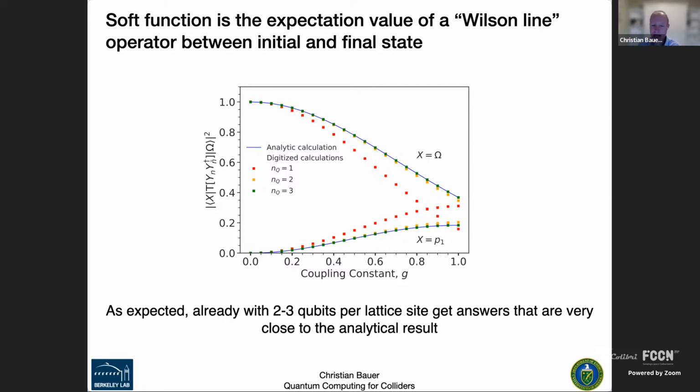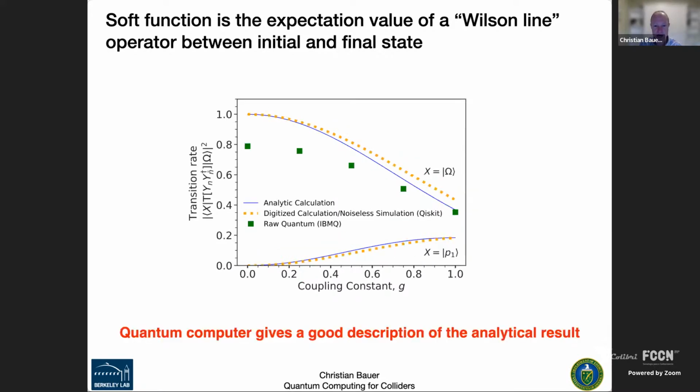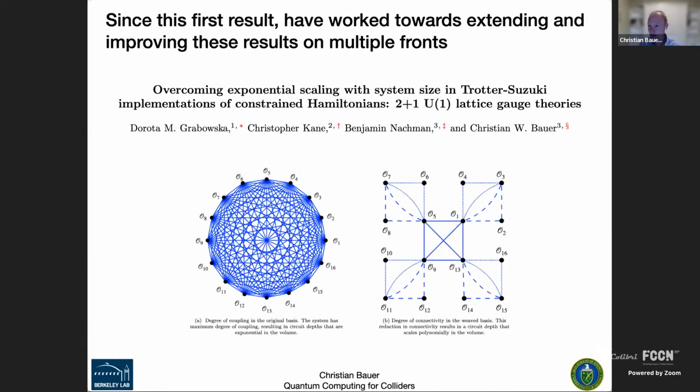Certainly in the scalar field theory case, I don't think there's an issue going on. Now, as I said, if I go to more complicated field theories like this one, there's actually one term in here that connects all lattice sites together, in one particular formulation of a U(1) gauge theory. That was actually a problem that I don't think people had fully appreciated yet. There was a term that was scaling exponentially with the lattice because it connected all lattice sites together, and we did have to work pretty hard to break that exponential scaling.